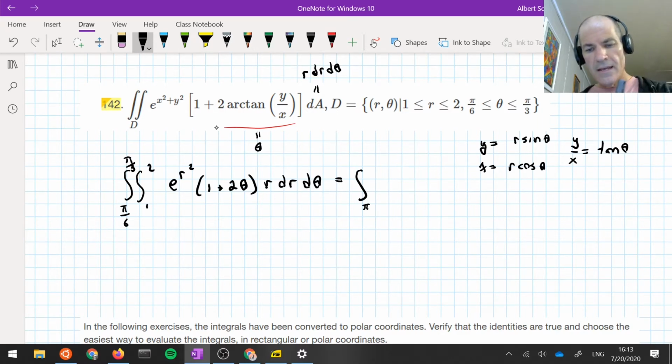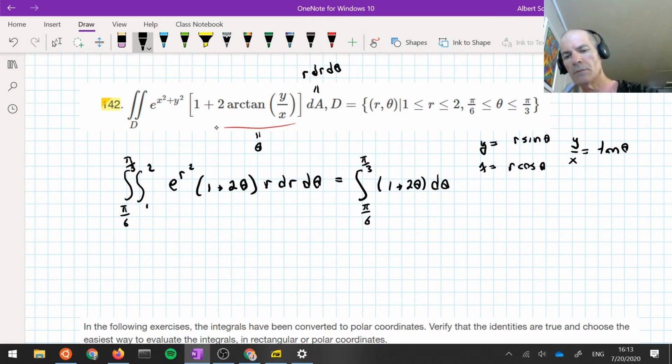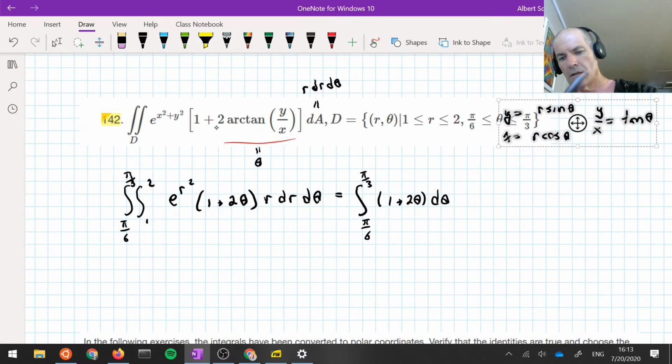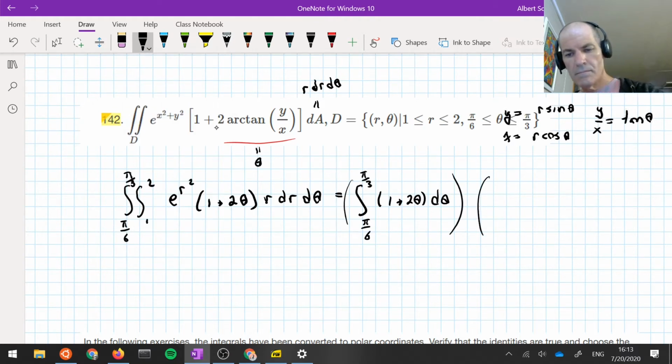The theta integral, pi over 6 to pi over 3 of 1 plus 2 theta d theta, times the integral, let's see, 1 to 2 of r e to the r squared dr.